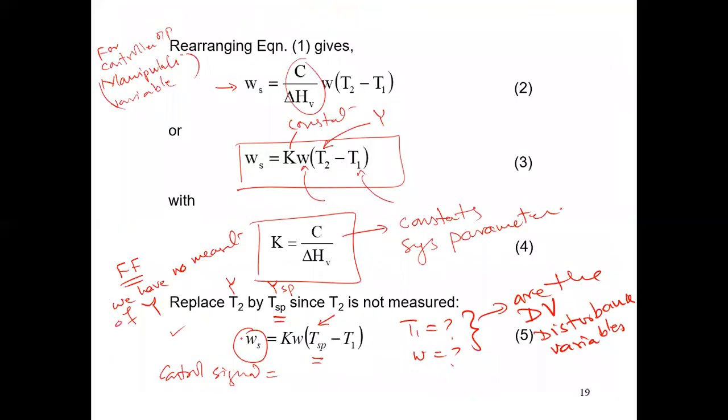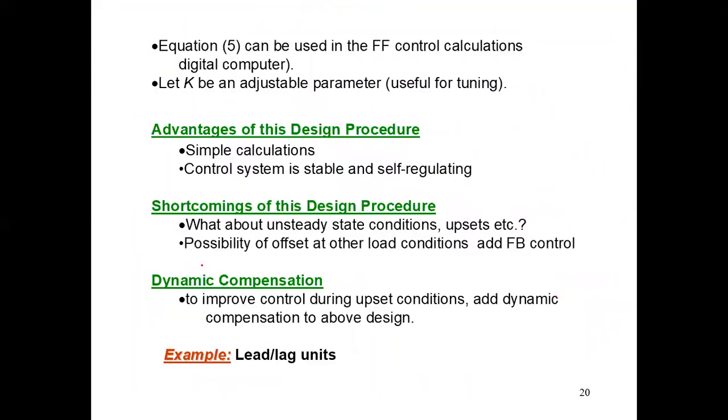Okay, so we have just found one feedback calculations done at the steady state. So equation 5 can be used in the feed forward control calculations and implement in digital computer. By the way, we can use K as an adjustable parameter.